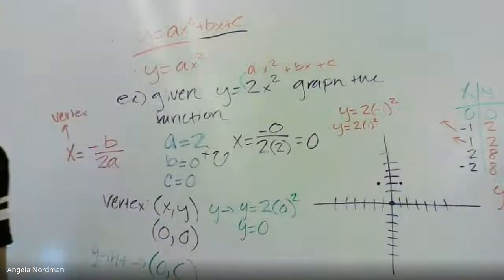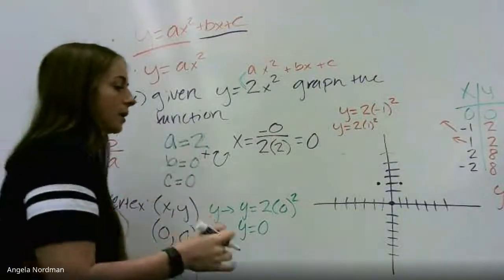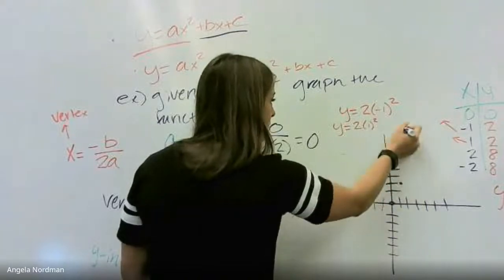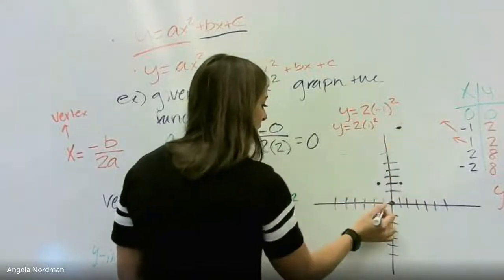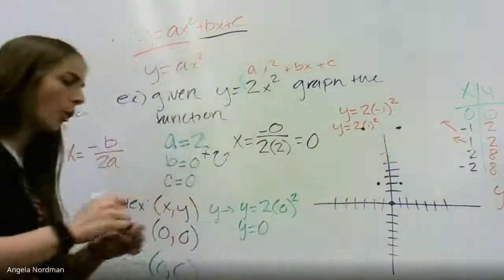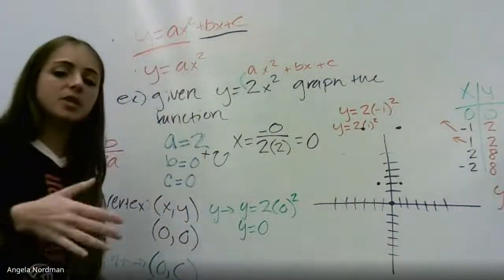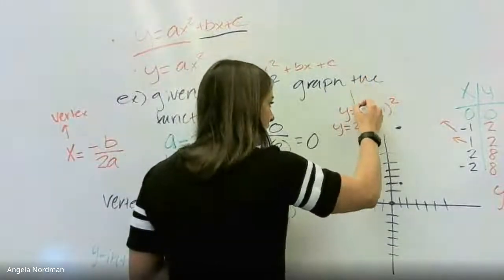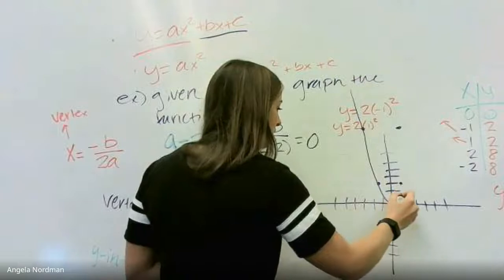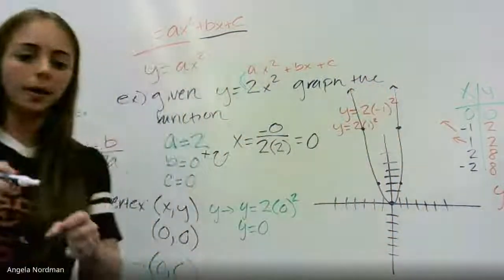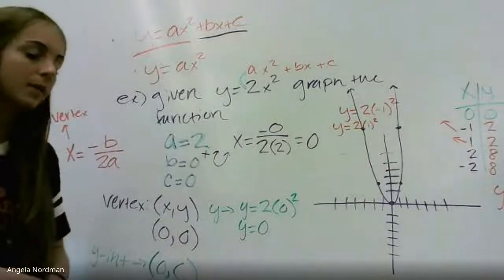Okay, remember you always plot x-axis first, then y-axis. 2, 8: over 2 up 8, probably way up here. Same thing, over -2 up 8. So what I'm going to say is these points are enough for me to make the conclusion that I can connect my dots to make this parabola. Okay.